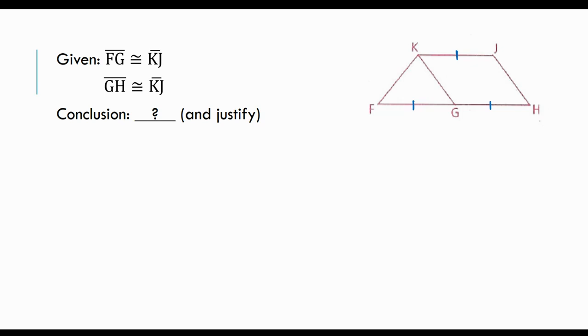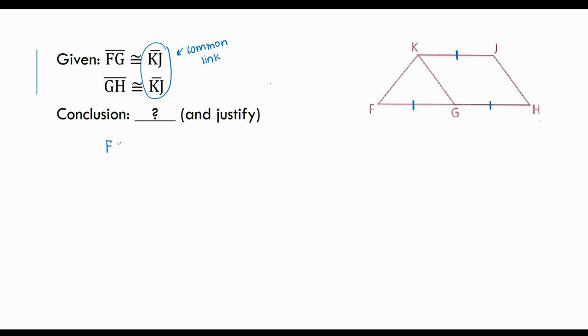So they're asking us to come up with a conclusion and to justify. If we're looking at our picture, notice that now there are three segments with the same tick mark. It's because we seem to have a common link. It looks like segment KJ is linking FG and GH together.